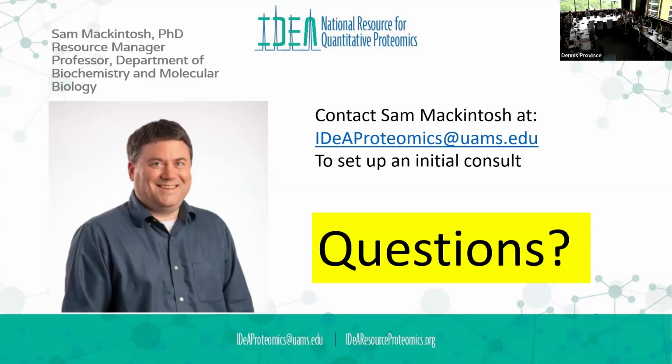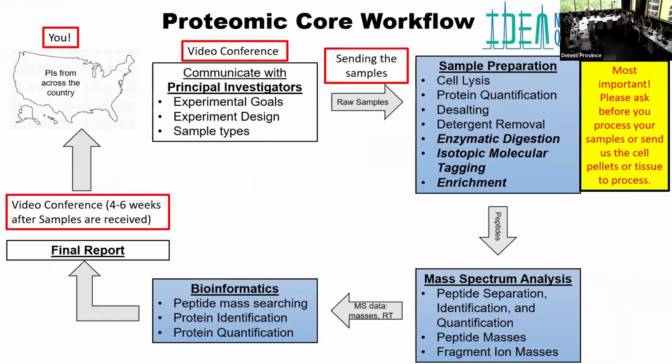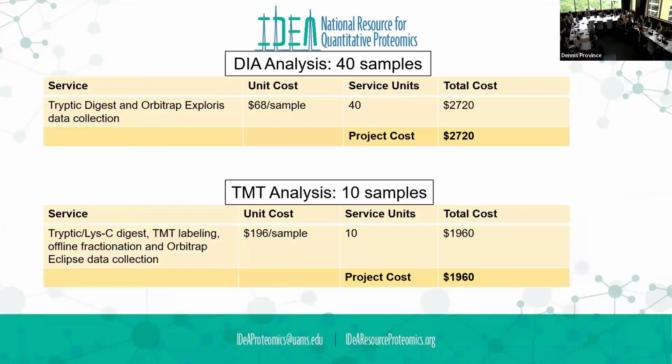So you have this new shiny piece of equipment, right? So I presume that you still have the older ones. So the pricing that you're showing, is this only for Astral? No, the Astral is a different price. So if we go back here, this price says for the Orbitrap Explorer's class.